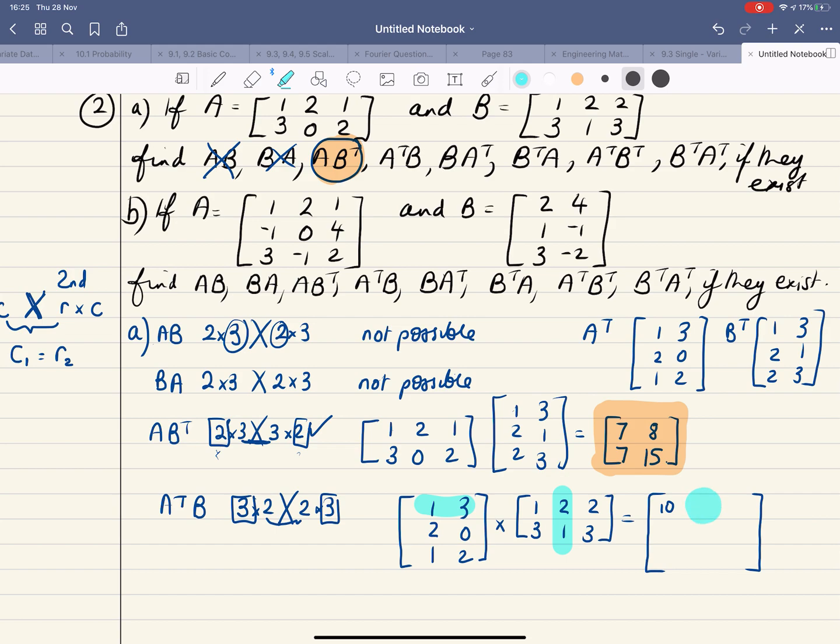First row, second column in the answer. 1 times 2 plus 3 times 1, which is 2 plus 3, which is 5. And rub that bit out. And then the next one here, which is first row, third column in the answer. So it's going to be first row, third column from the matrices in the question. 1 times 2 plus 3 times 3. So it's 2 plus 9, which is 11.